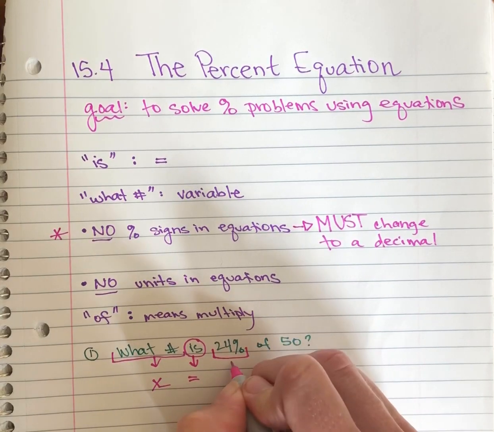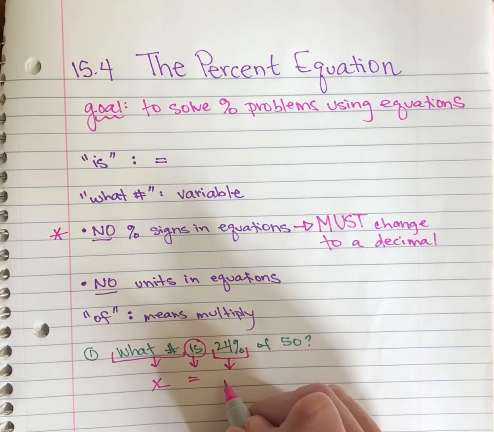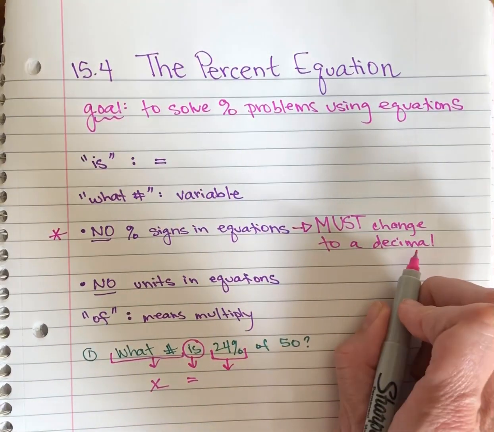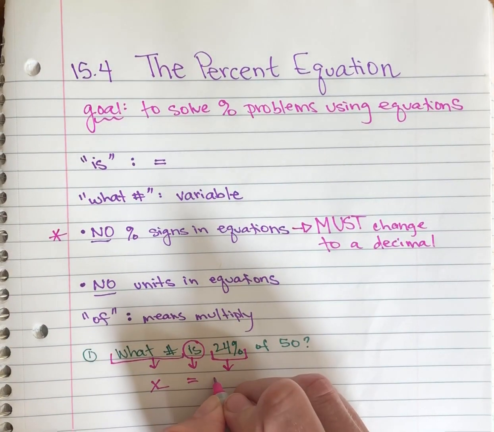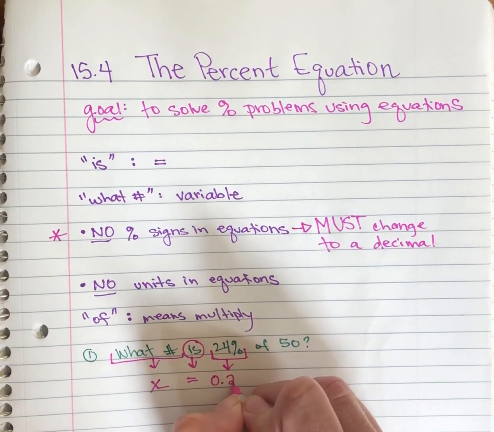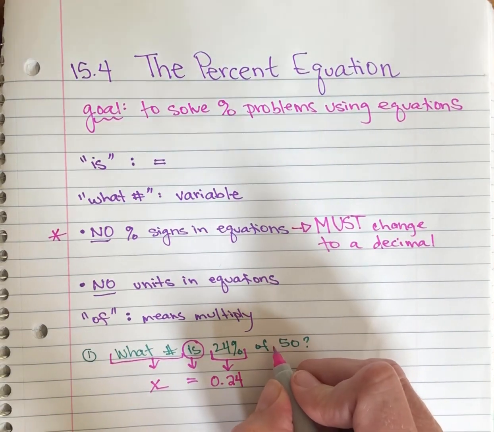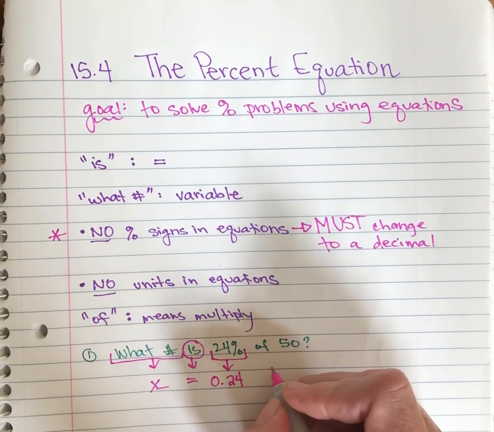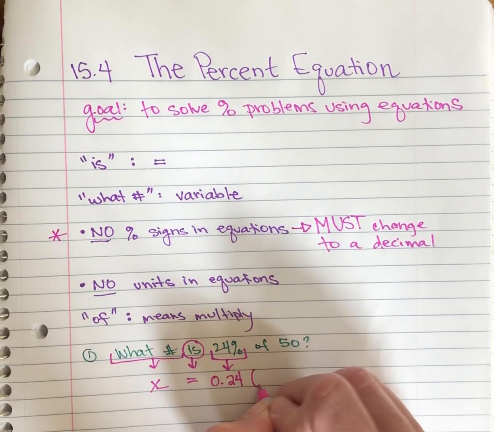24%. Okay, hold up. We can't just drop that in as 24. We have to change it into a decimal first before we can use it in an equation. So 24% as a decimal is 0.24. Of means multiplication, so you can drop in a multiplication symbol. And then it says of 50.